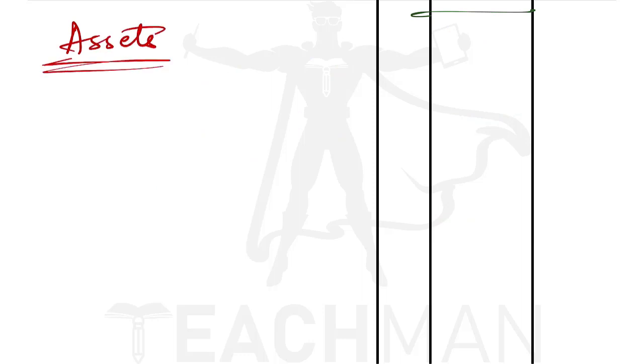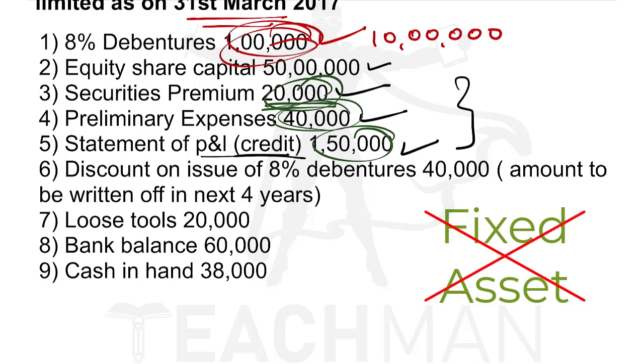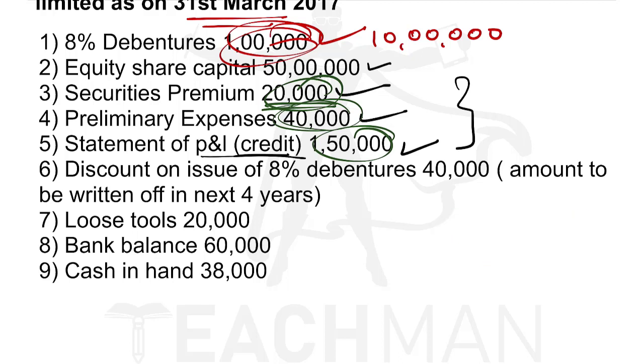So under the assets, first what we will record? We will record non-current assets. Under non-current assets, first we will record the fixed asset, but in the question, no fixed asset is given. So whatever is given, we'll write that. Here it is, this discount on issue of 8% debenture, 40,000.